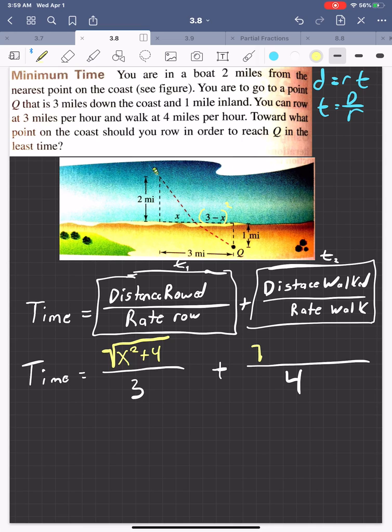The square root of that would end up being the square root of X squared minus 6X plus 10. Okay. So that is your time function. And now notice that it's a function of distance.